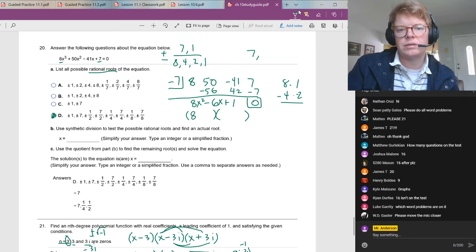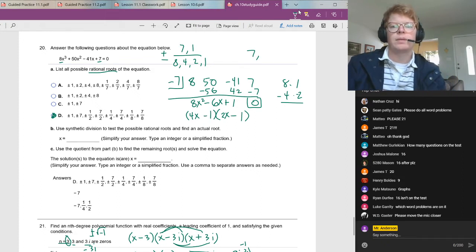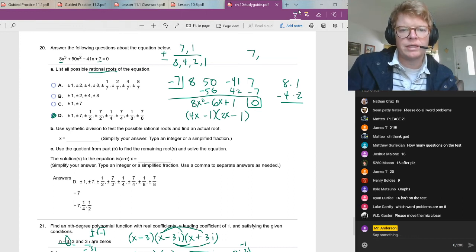I'm just going to put these guys here. Excuse me, let me erase that. I'm going to put 4 and 2 here, x and x, and then I'm going to make my 1 negative. Negative 1 and negative 1. So when I multiply these together, it gives me positive 8.